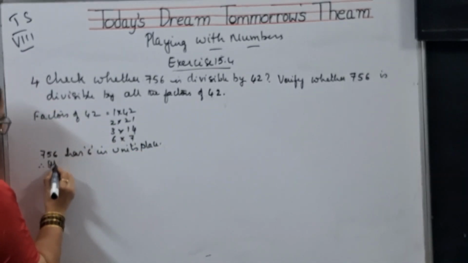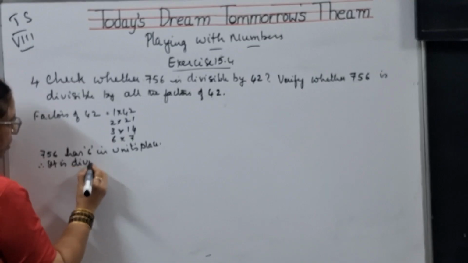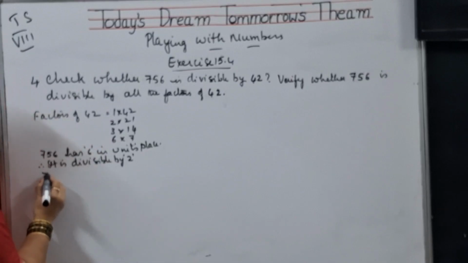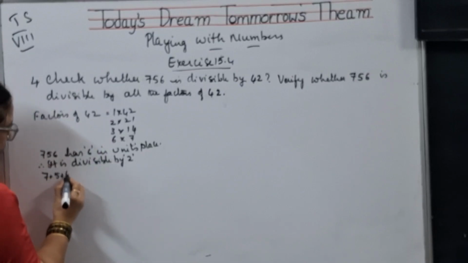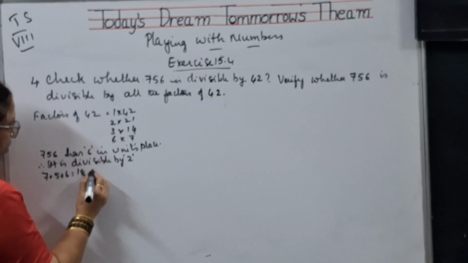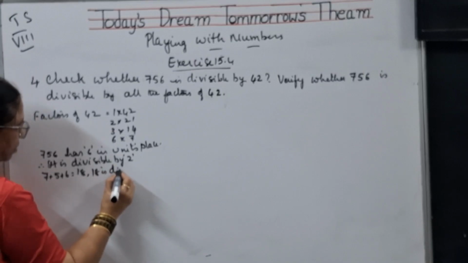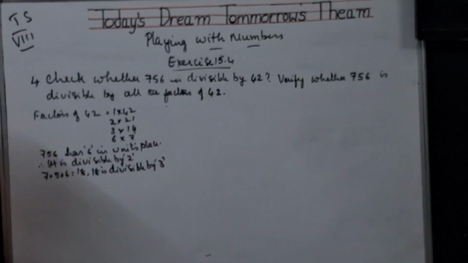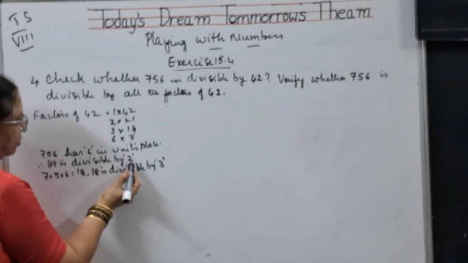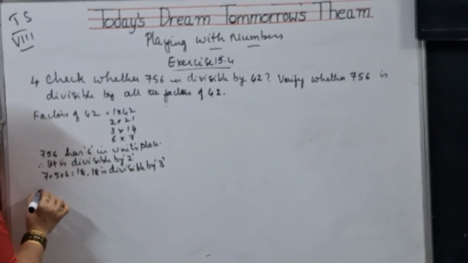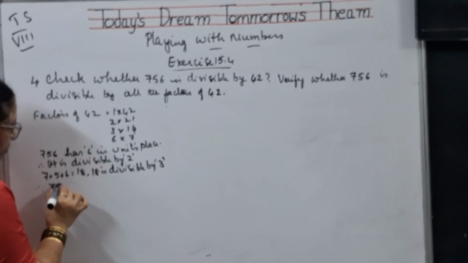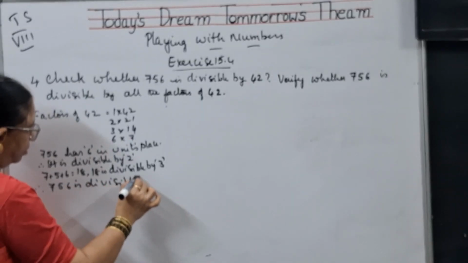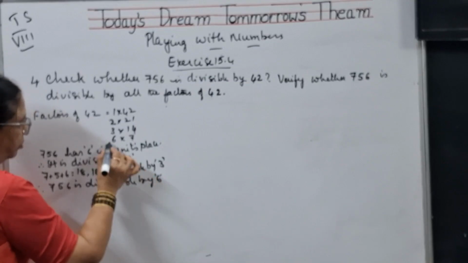Therefore, it is divisible by 2. 7 plus 5 plus 6 is 18. 18 is divisible by 3. Since 756 is divisible by 2 and 3, we will say that 756 is divisible by 6. I have proved this.